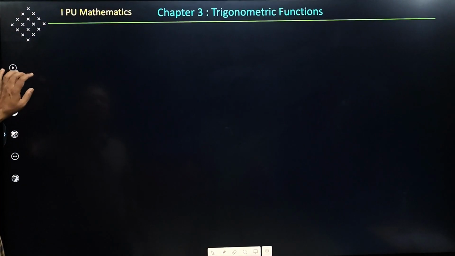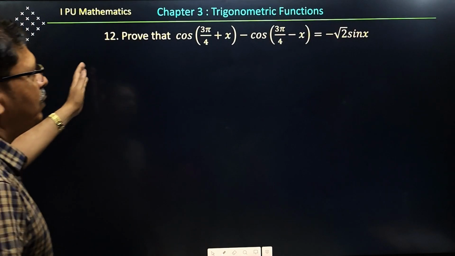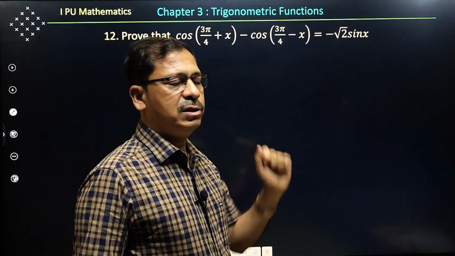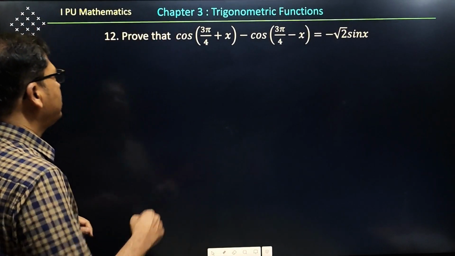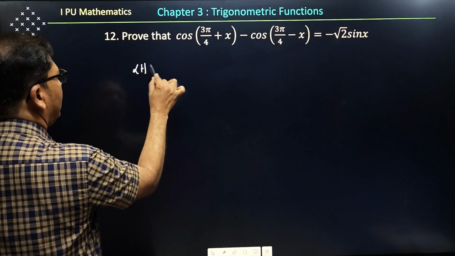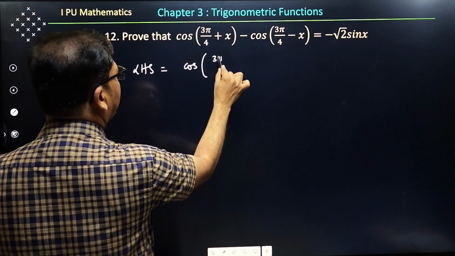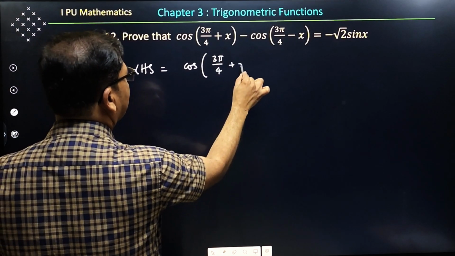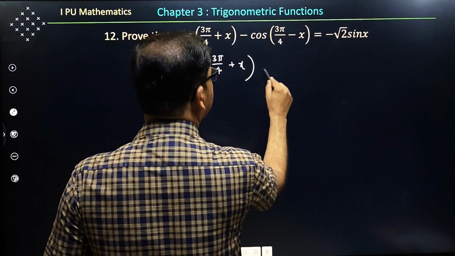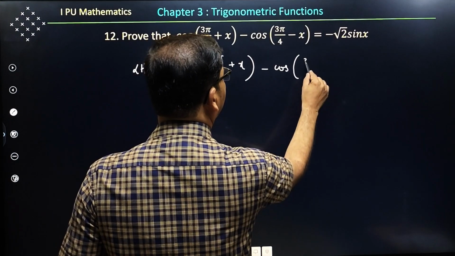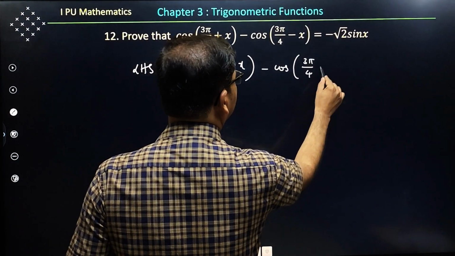So next question, let me take into consideration another similar question. Cos c minus cos d formula you have to use. Let us take the LHS part. Cos of 3 pi by 4 plus x minus cos of 3 pi by 4 minus x.